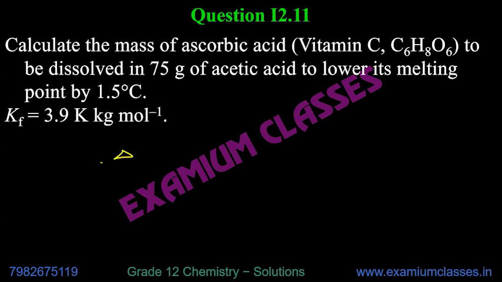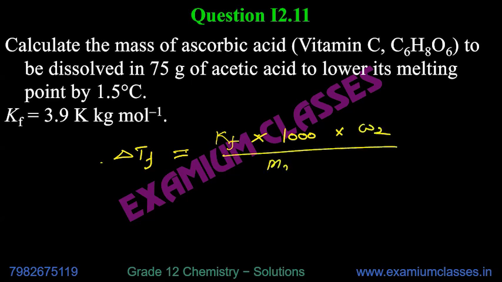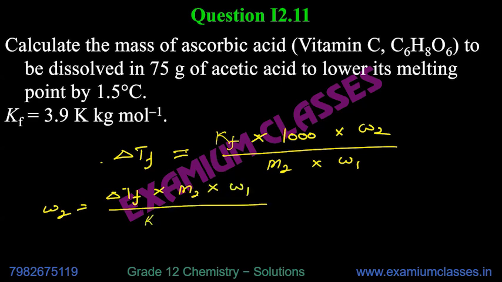So you will say delta TF equals to KF into 1000 into W2 divided by M2 into W1. So from here, W2 will be equals to delta TF into M2 into W1 divided by KF into 1.